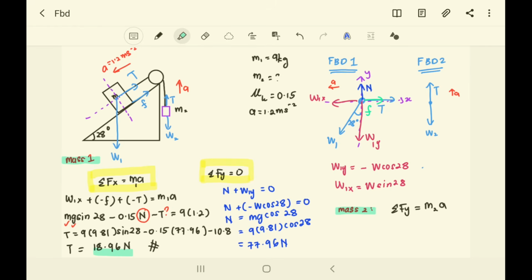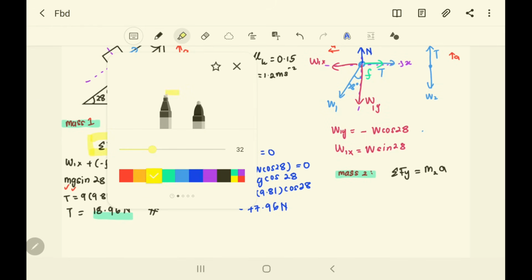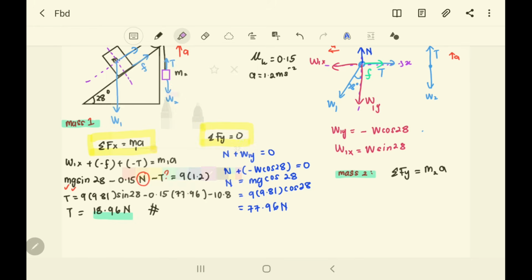Yes, we can find it by using the equation from the second mass, which is total Fy equal to M2a. So now this is for the second mass. Look at here, we have T minus W2, bukan W2 minus T. Why?